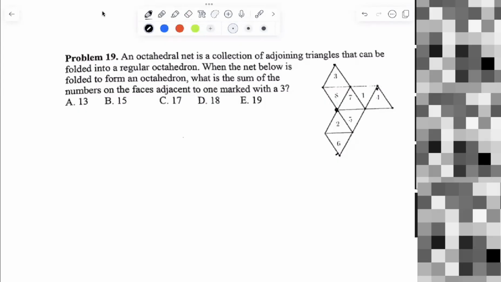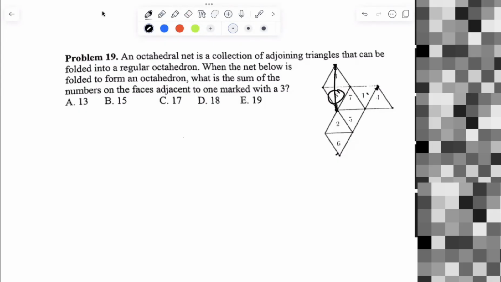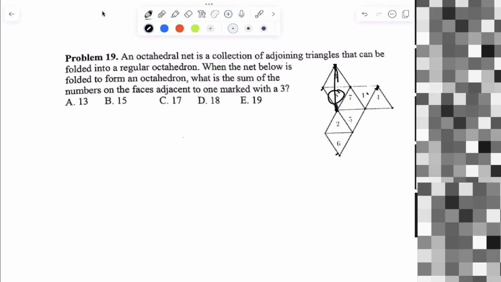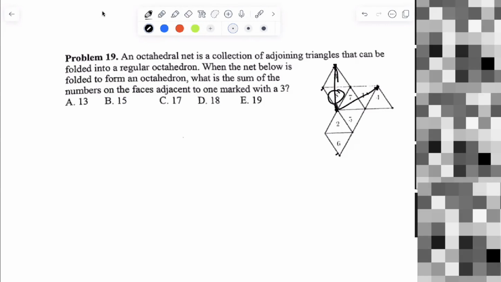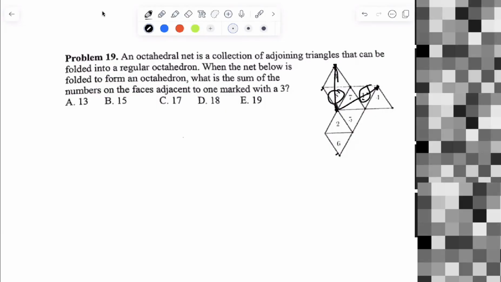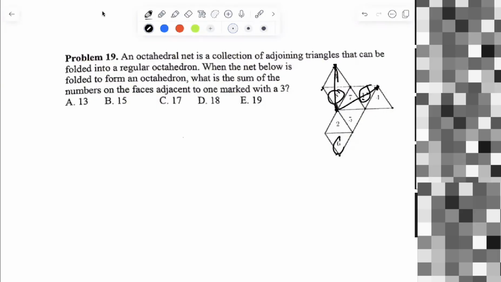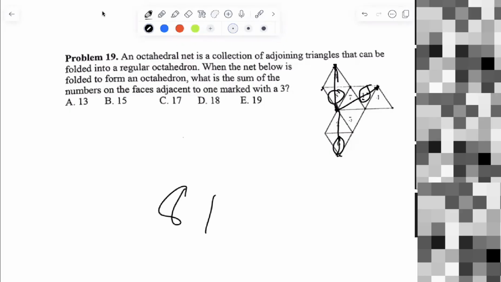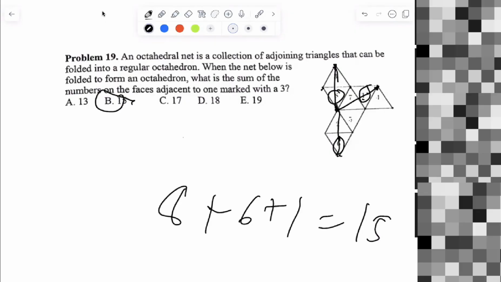From here, there's 8, since this is literally adjacent. The faces are already adjacent. 7, since we can draw it and we see the vertices connect, so this must be adjacent. So this is 1, 1 works. And so is 6, since you connect it and 6 shares a vertex. So it'd be 8 plus 6 plus 1, or 15, or B.